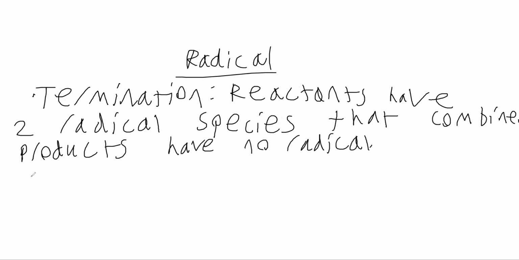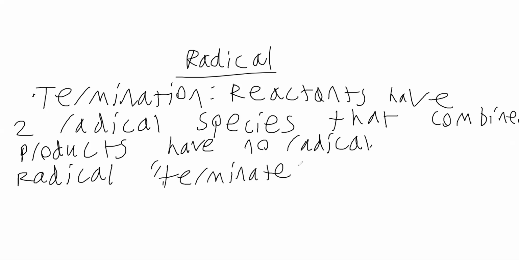So basically the radical terminated. It does what it sounds like it does. They just combine and there are no radicals in the product. So again, I could go over an example, but I've gone over a lot in the past. So that's just it put into words.